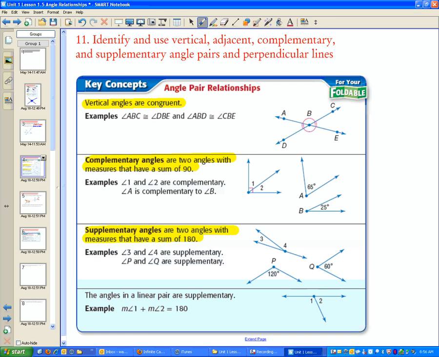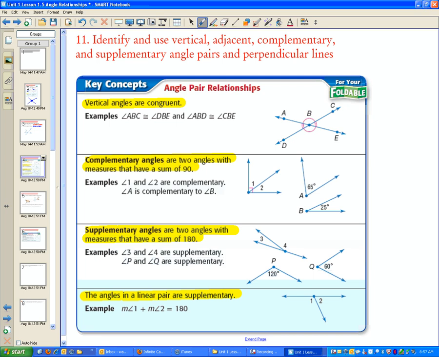If you get confused on which one's which, I just go in order. Alphabetically, C for complementary comes before S for supplementary, and numerically, 90 comes before 180. So the C goes with 90, the S goes with 180. Okay? And, like we'd already said, the angles in a linear pair are supplementary.